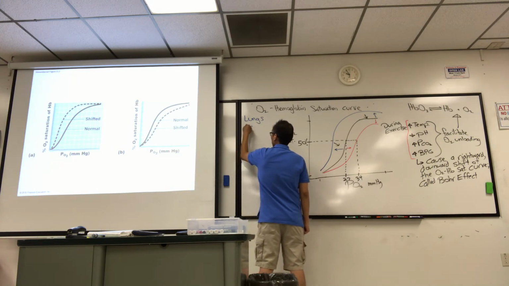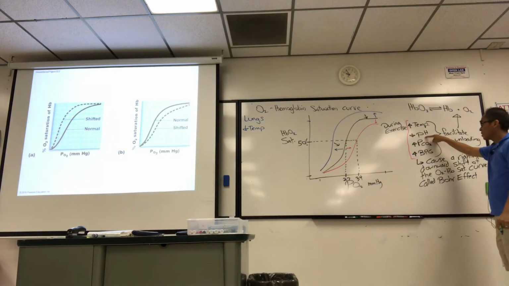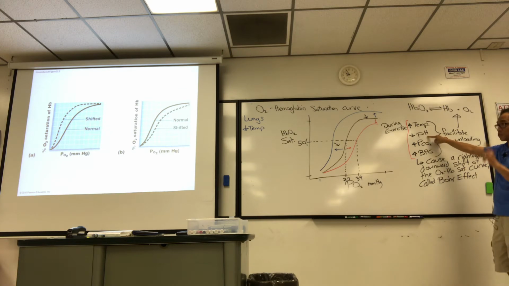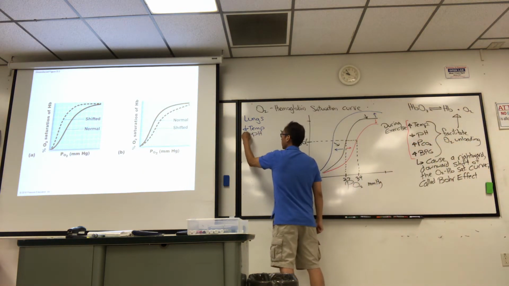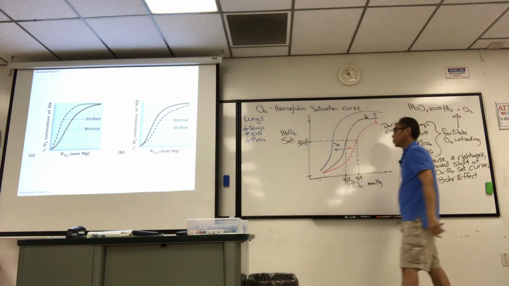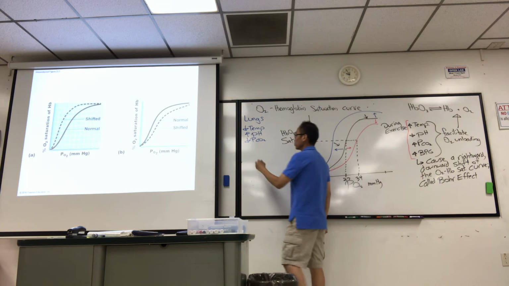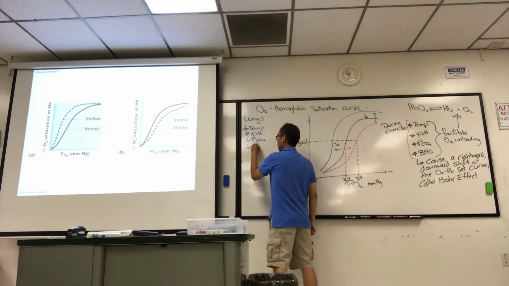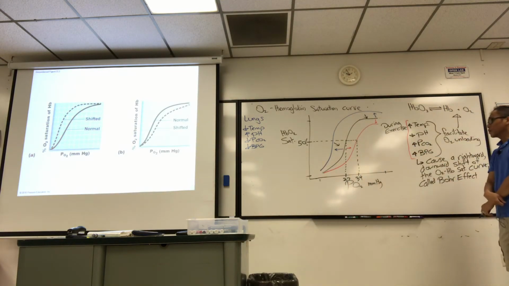Also, there's less CO2 in the lungs, so the pH tends to rise, and the PCO2 tends to drop. It's just the reverse. You're ventilating to keep CO2 low in the lungs, and also, let's just say BPG drops. And all of those things cause this leftward, upward shift.